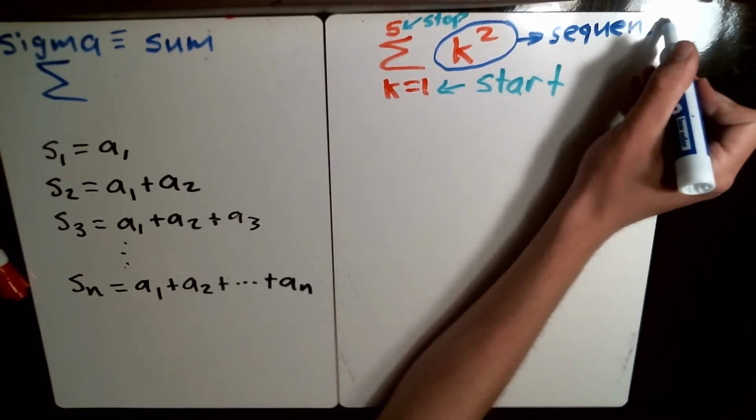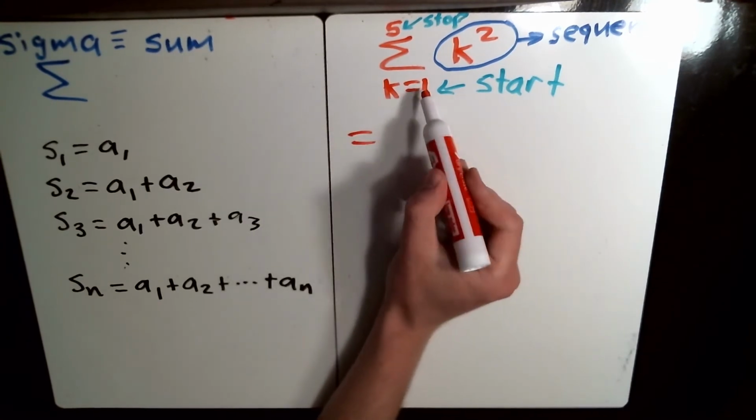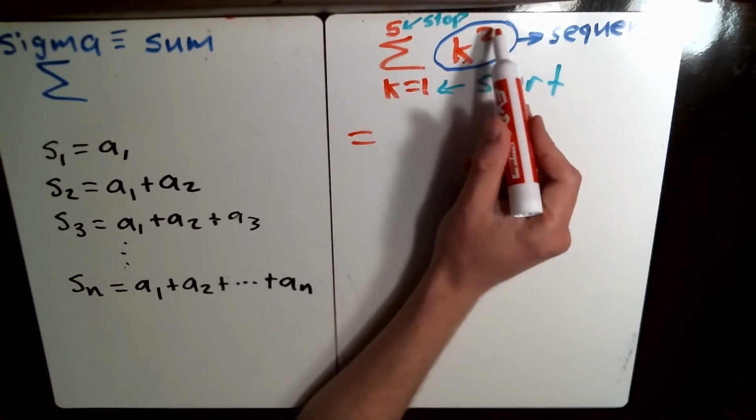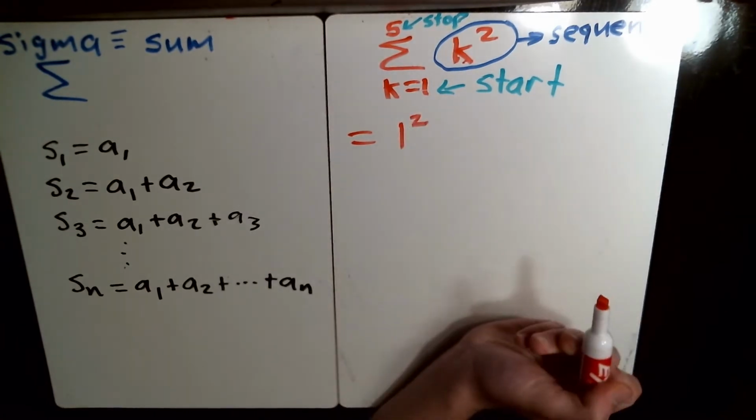This is the sequence that you're adding to itself. So how this would look when you actually do this out is you would start at k equals 1, and you would plug that in for k in the sequence equation. So you'd get 1 squared.